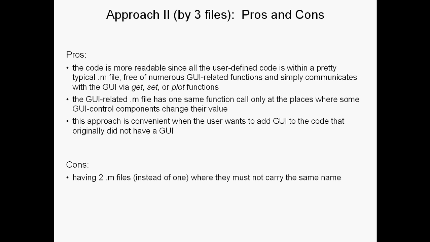Similarly to first approach, let's talk about pros and cons of this approach. The good sides of it are the code is more readable, since all the user-defined code is within a pretty typical M file and free of numerous GUI-related functions, and simply communicates with the GUI via get, set, or plot functions.